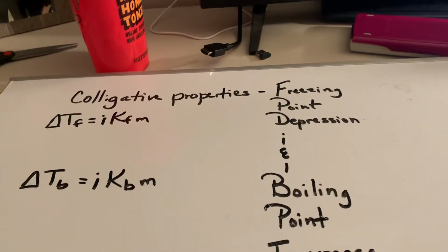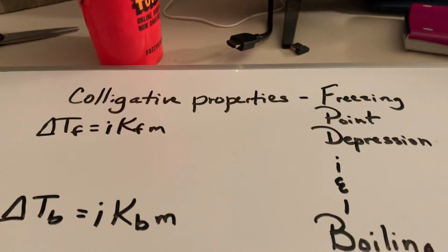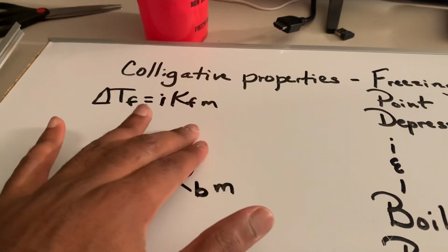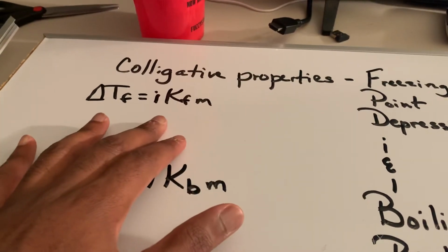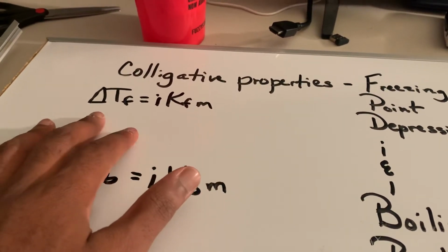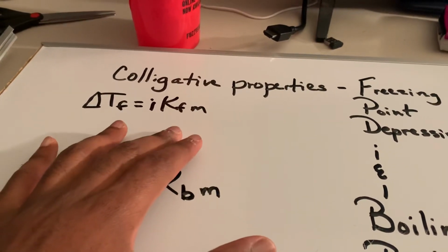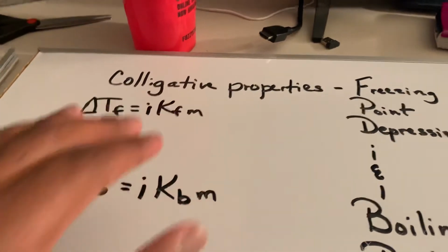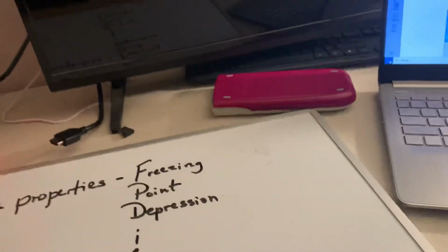To find the change in freezing point, it's the same setup as what we'd use to find our boiling point increase. We have our delta T, which is our change in temperature, we'd have our i for moles, and we have our freezing point constant, Kf m.